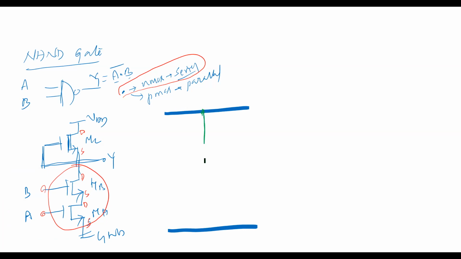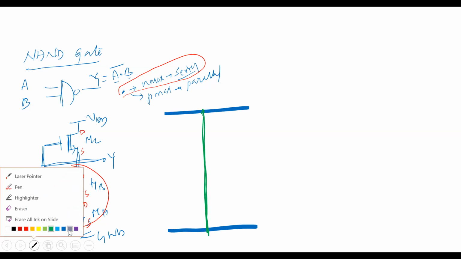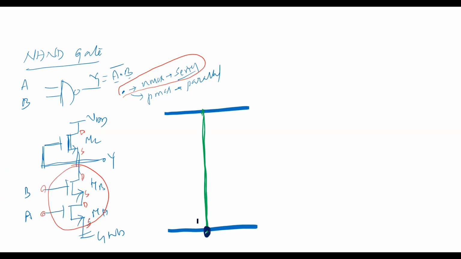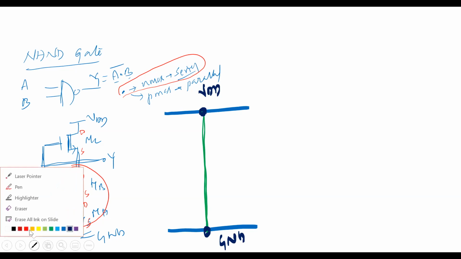I want to join this N diffusion layer with this metal, and this N diffusion layer with this metal. This may be the VDD, and this may be the ground. Now I want to make the polysilicon for the A transistor and the B transistor, so I need two.